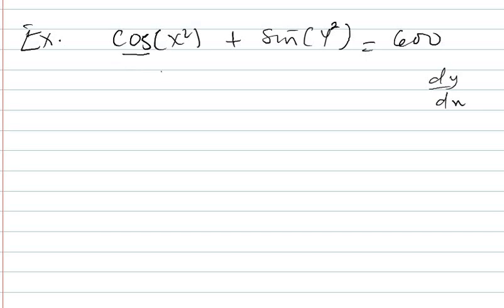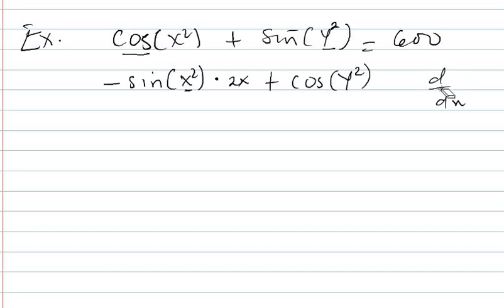The derivative of cos, of course we know, is negative sine. So we leave the inside alone, so we have x squared inside, and then we find the derivative of whatever is inside the parenthesis. The derivative of x squared is 2x. For the other part, the derivative of sine is cos, and we leave whatever is inside alone, so we have y squared.